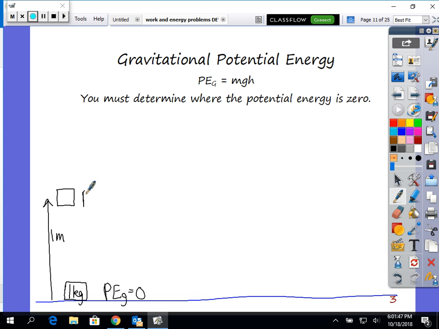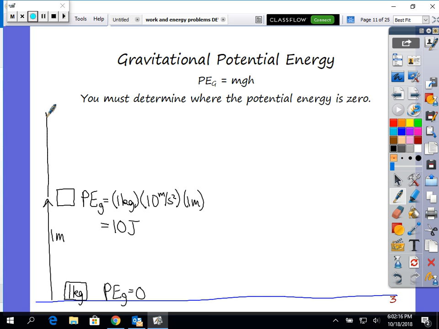The gravitational potential energy it has here is its mass, 1 kilogram, times g, 10 meters per second squared, times the height, 1 meter, measured from the floor, which is 10 joules. So we can say relative to the floor, the block has a potential energy of 10 joules.